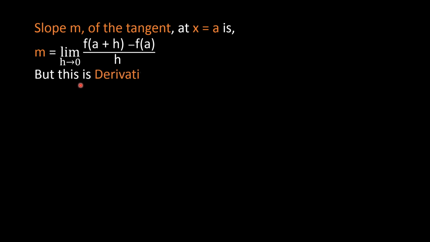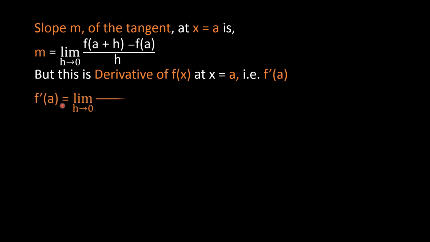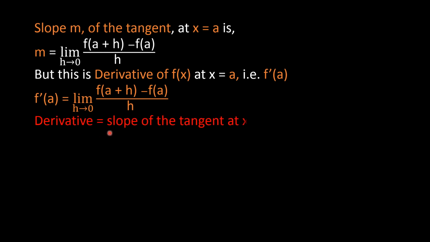But this is the derivative of f(x) at x equals a, that is f dash a. So f dash a equals limit of f of a plus h minus f(a) upon h as h approaches 0. So we conclude that derivative is nothing but slope of the tangent at x equals a.